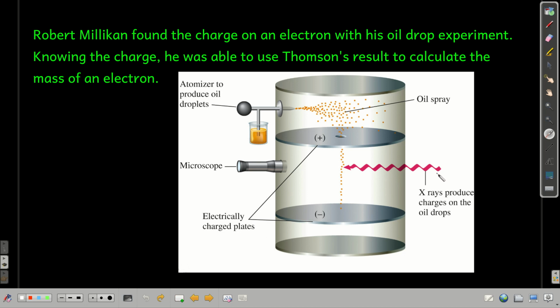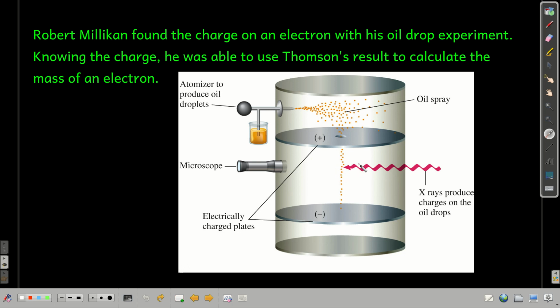He also had a source of X-rays that he shot through the stream of drops falling through this hole. He would spray the drops in there and, looking through this microscope, count how many drops passed per minute or per second, or per unit of time.